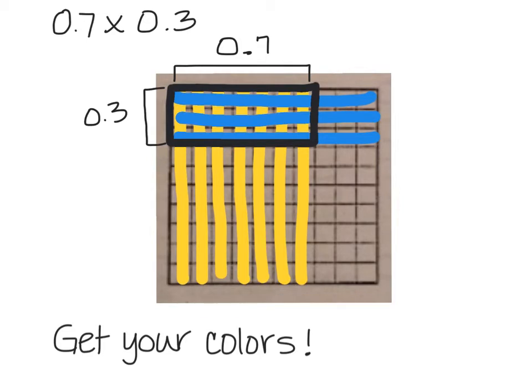And black. So we have a 7 by 3 area, and we know that 7 times 3 is 21. If we were to count each individual square, let's just go ahead and do that. 1, 2, 3, 4, 5, 6, 7, 8, 9, 10, 11, 12, 13, 14, 15, 16, 17, 18, 19, 20, 21.